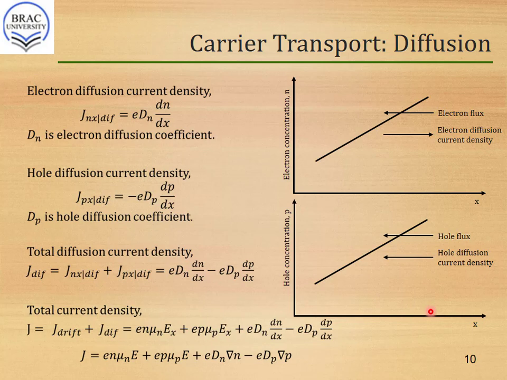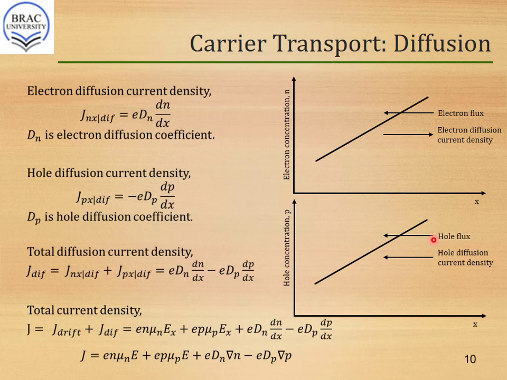If the hole concentration is increasing in this direction, essentially holes will flow from the high concentration region to the low concentration region. You can see the arrow here denoting the hole flux. Hole flux is basically the direction of the flow of holes.